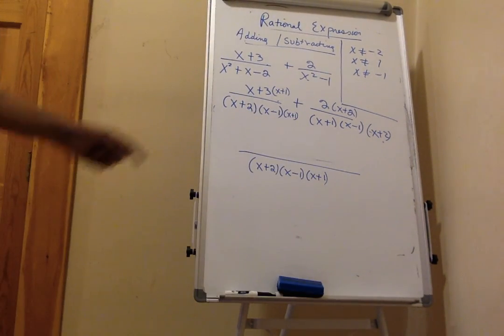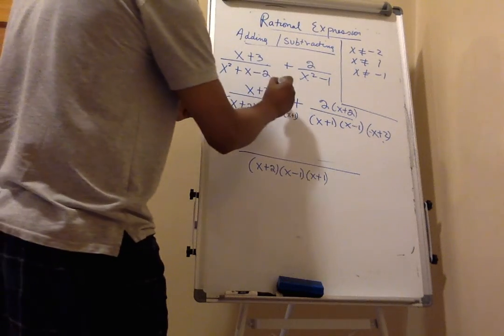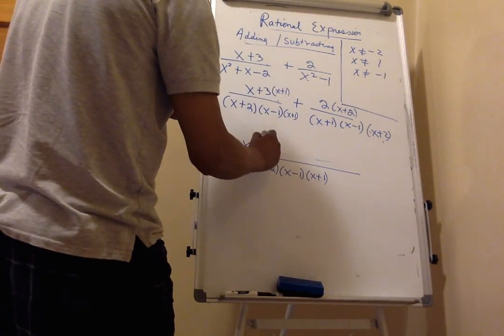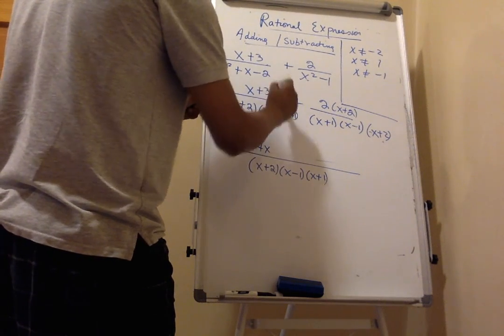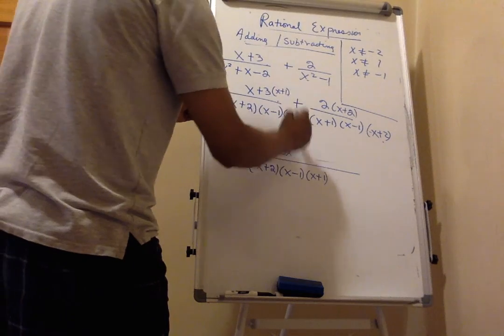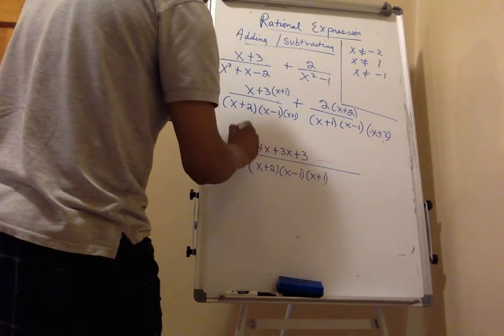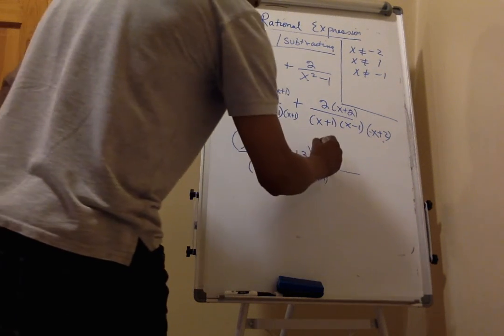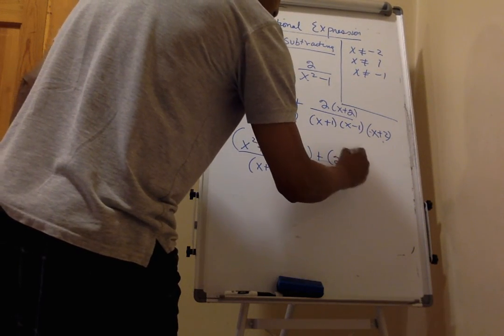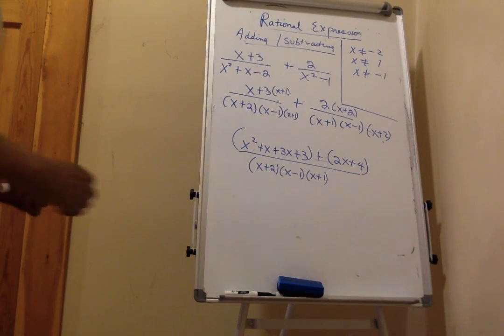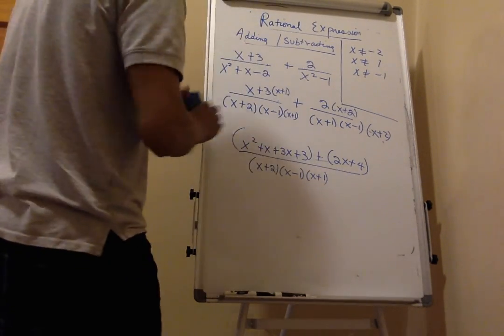So all I need to do is FOIL this. x times x is x squared. x times 1 is x. 3 times x is 3x. And 3 times 1 is 3 for the first one, right? And for the second one, we have 2x plus 4 if I distribute 2 to everything inside. So let me rewrite this.